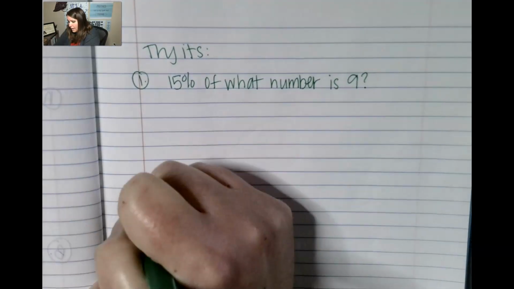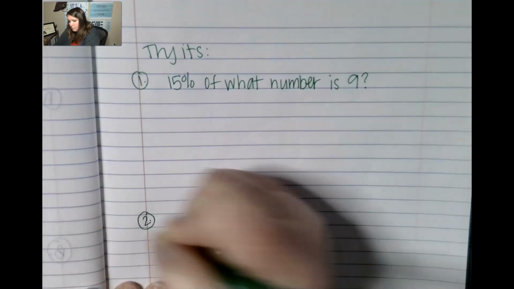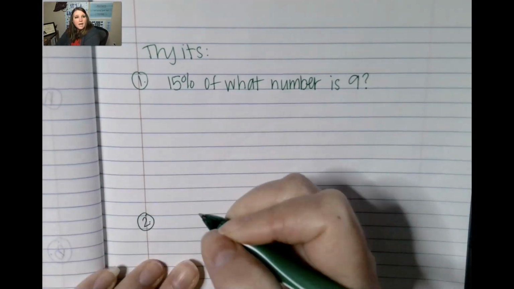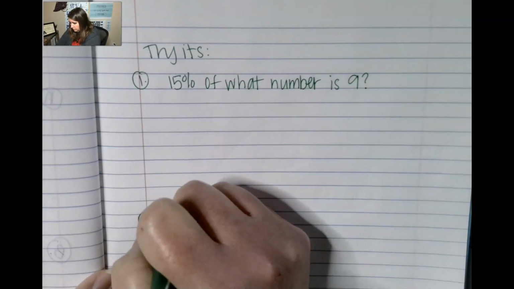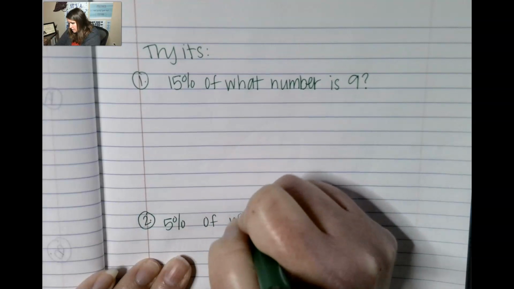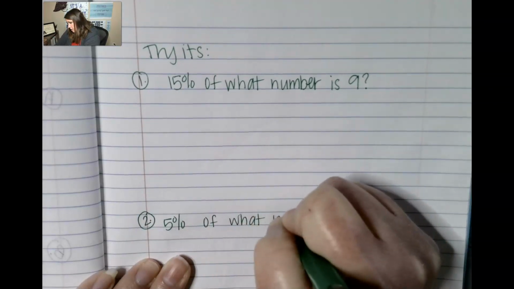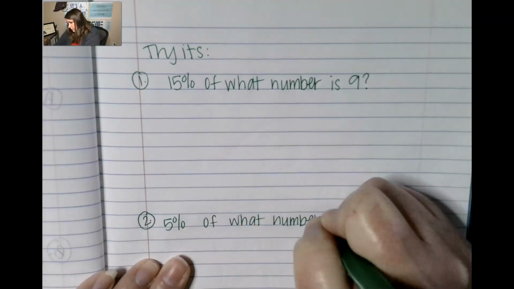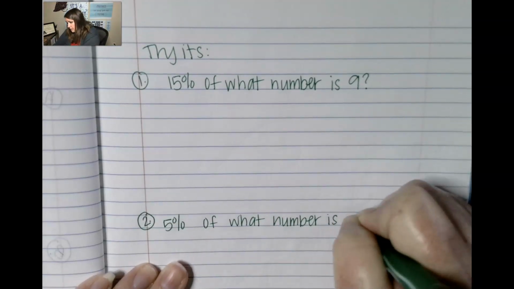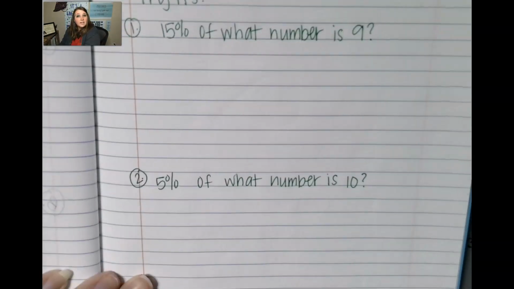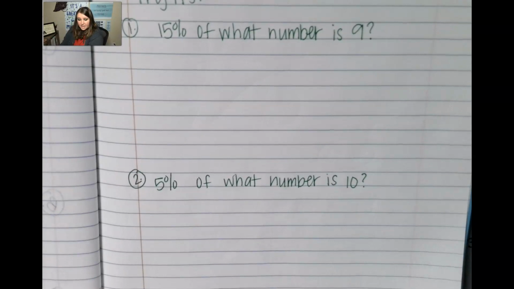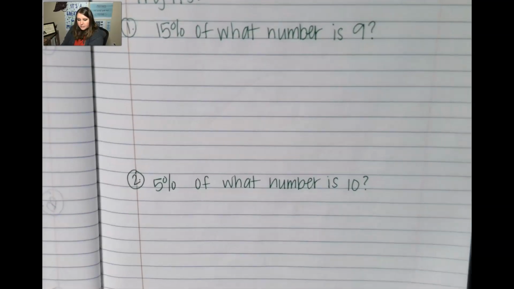Try-it number 2 says 5% of what number is 10? All right, go ahead and hit pause right now so that you can solve these without my help, and then come back and check your level of understanding.